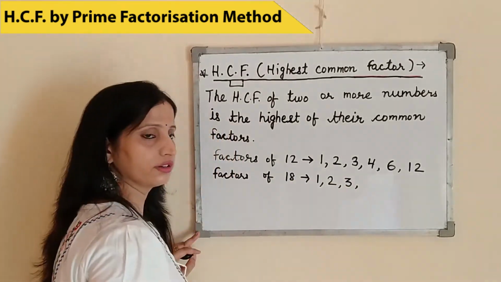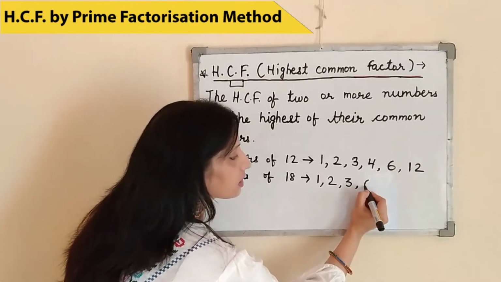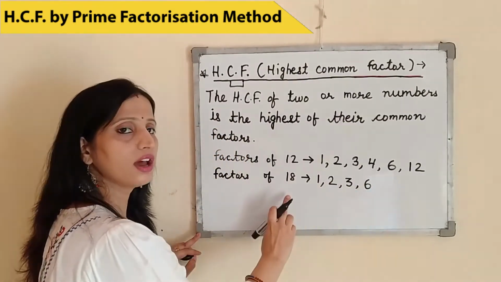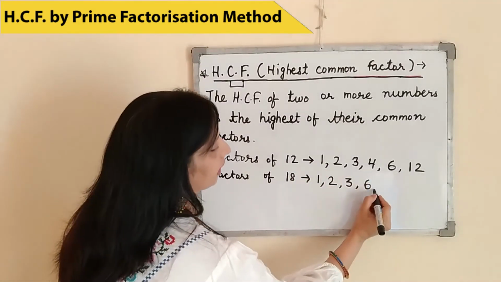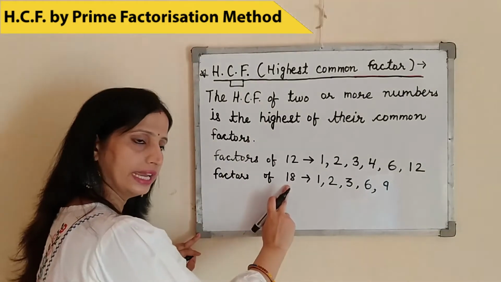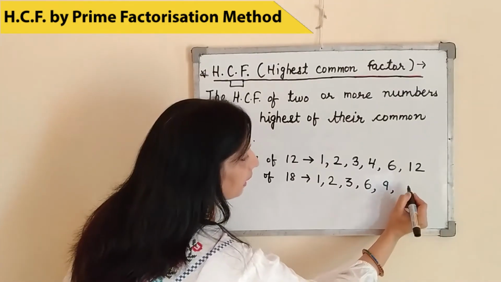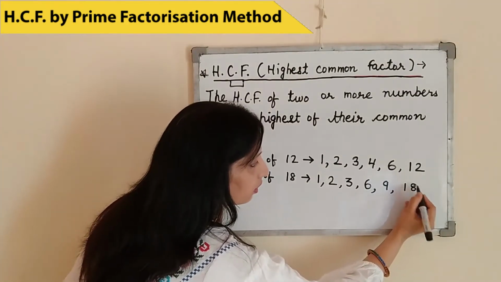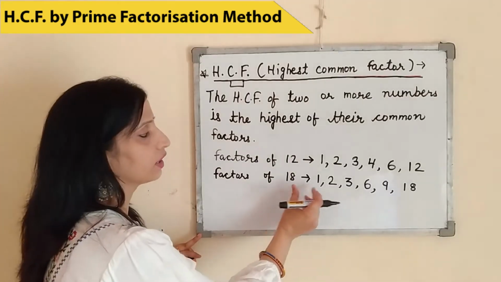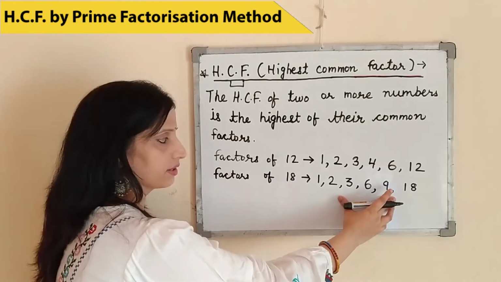Then not by 4. Then by 6. 18 comes in the table of 6. 6 3s are 18. Then 9. 9 2s are 18. Then the number itself, 18. So 18 is divisible by all these numbers.